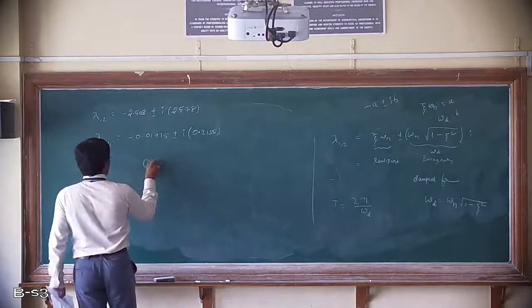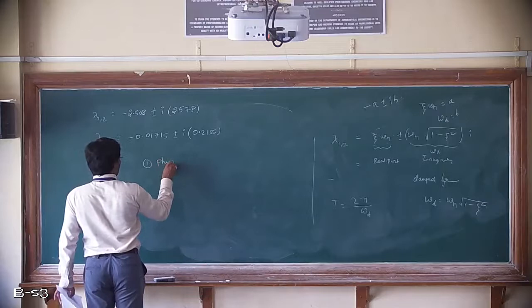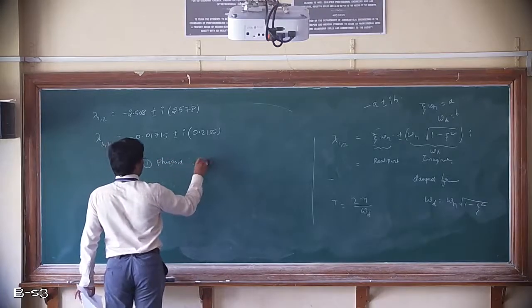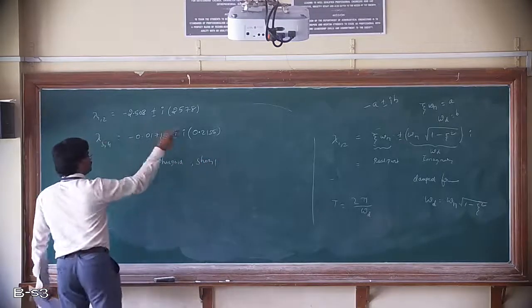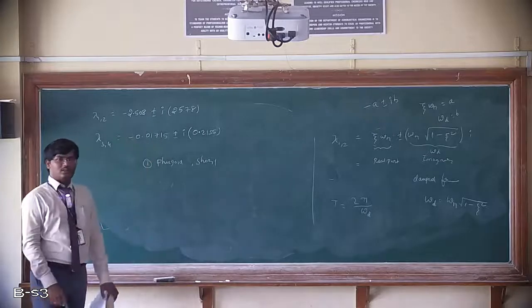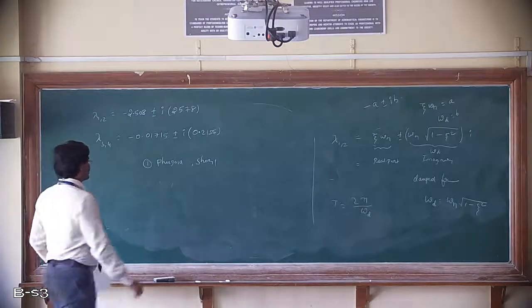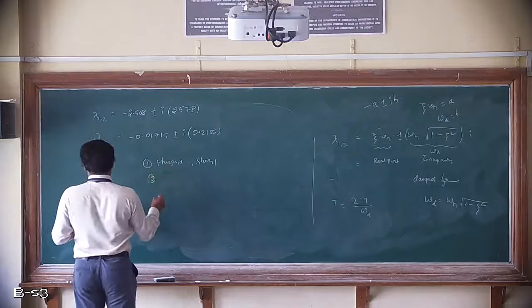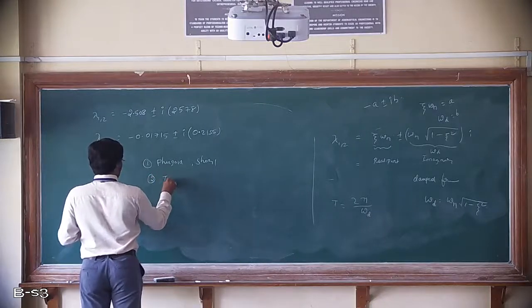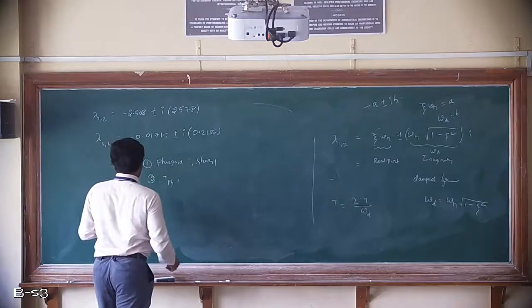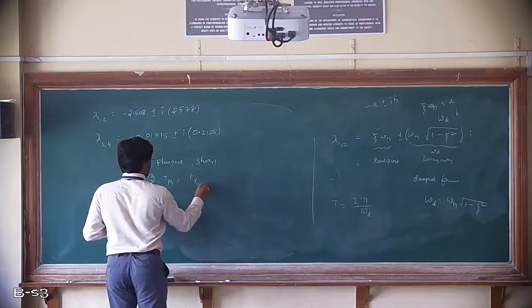They are asking to find which roots represent the Phugoid mode and which roots represent the short period mode. That is the first question. First you have to find the Phugoid mode and short period mode roots. Which one belongs to short period mode, which one belongs to Phugoid mode?